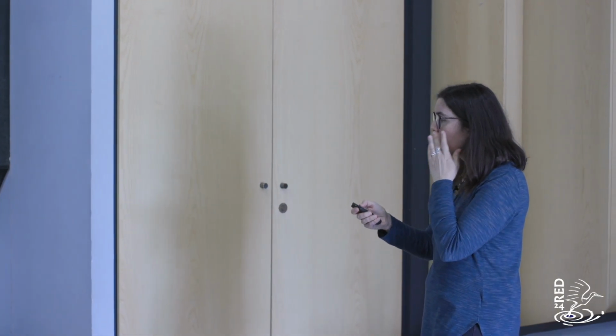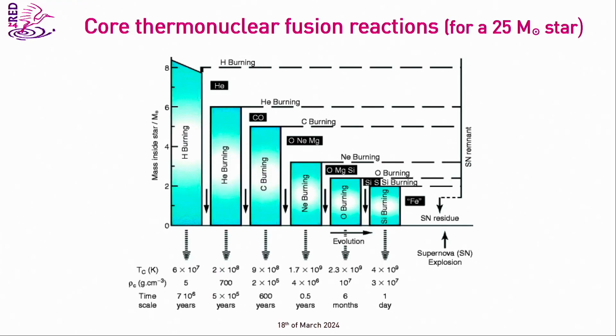If we look at a star that will go through all these phases of thermonuclear reactions in its core, this is a model for a 25 solar mass star. You will go through hydrogen burning. Then when hydrogen is exhausted in the center, helium burning comes in, but there's still lots of hydrogen around the center, okay?